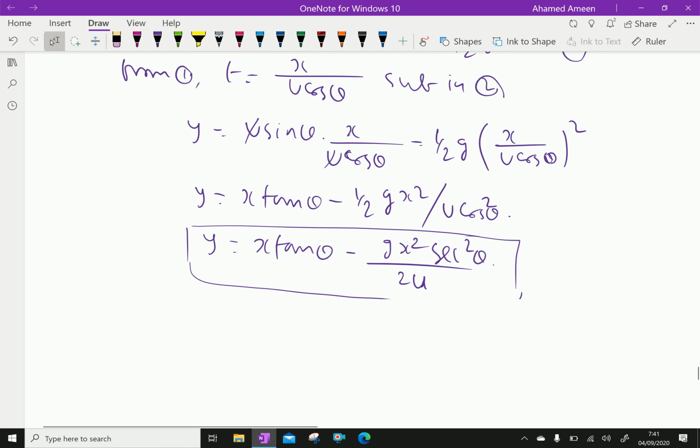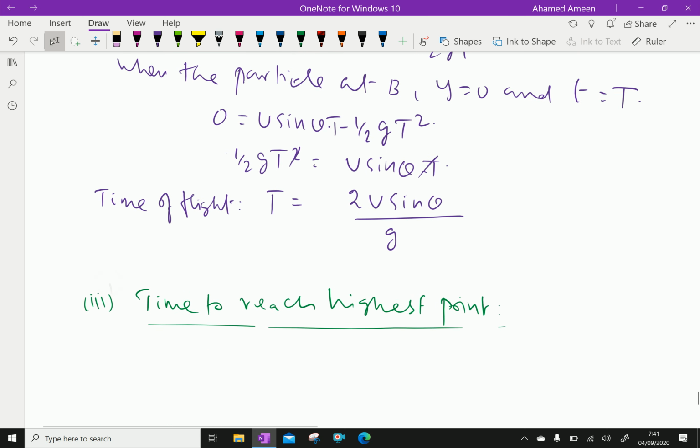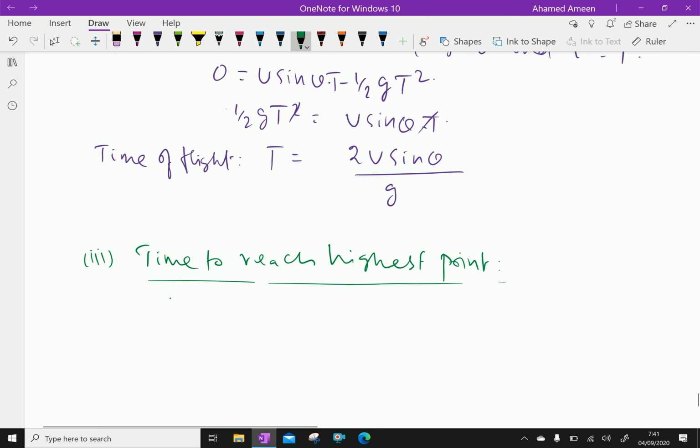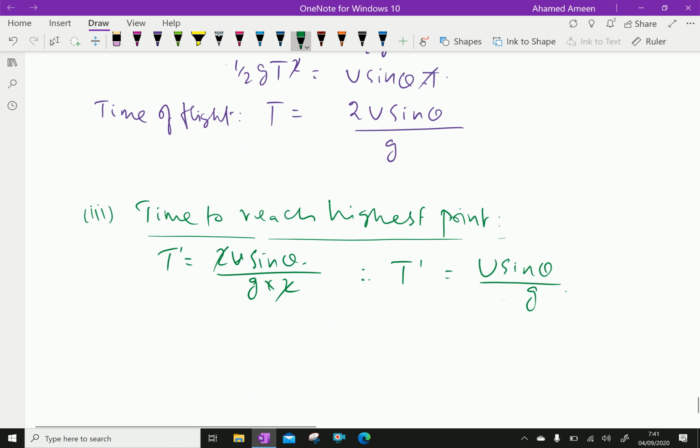That is, the time taken to reach maximum height is t by 2. Here t equals 2u sine theta over g into 2 divided by 2, so we cancel both. Therefore t equals u sine theta over g.